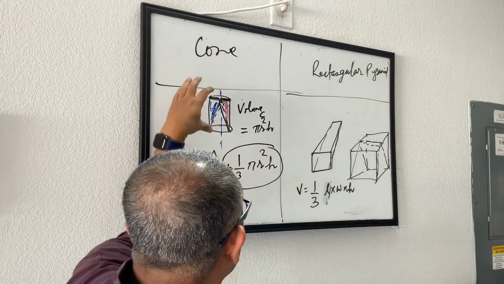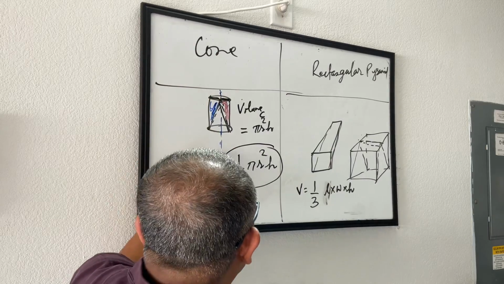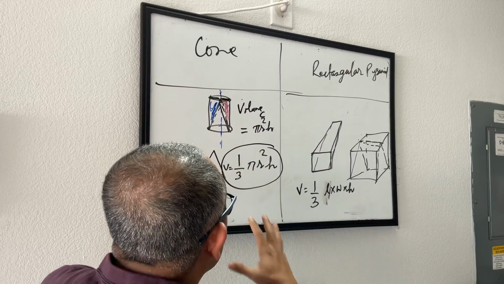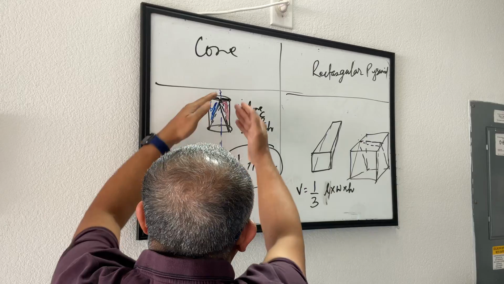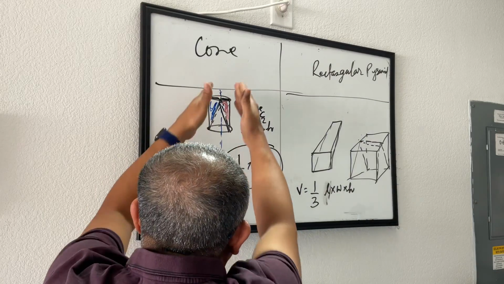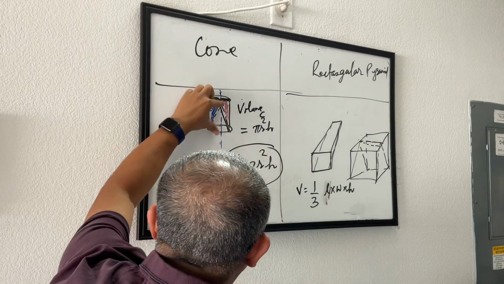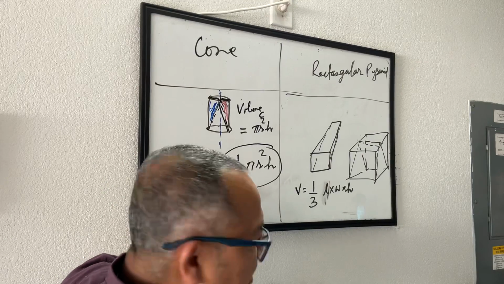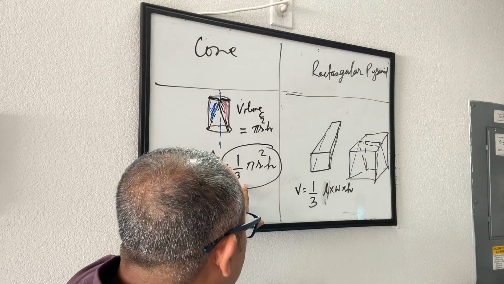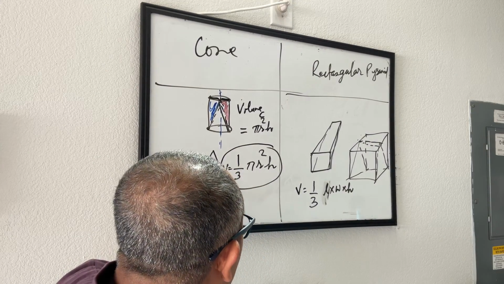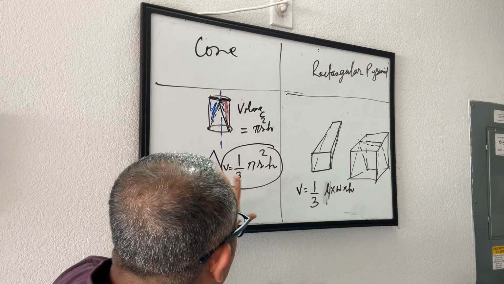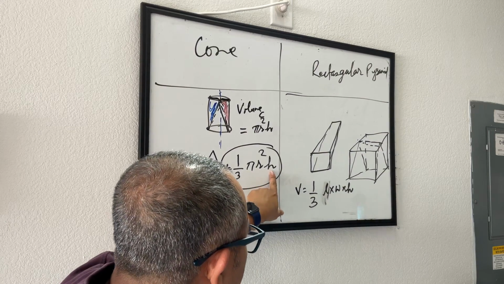So we saw that the volume of a cone would be 1/3 the volume of a right cylinder. I'm just asking you to visualize that if you cut a right cylinder into 3 equal pieces, every piece is a cone, and the volume of that is 1/3 of the volume of a right cylinder, which is 1. Hence the volume of the cone would be 1/3 of pi r square h.